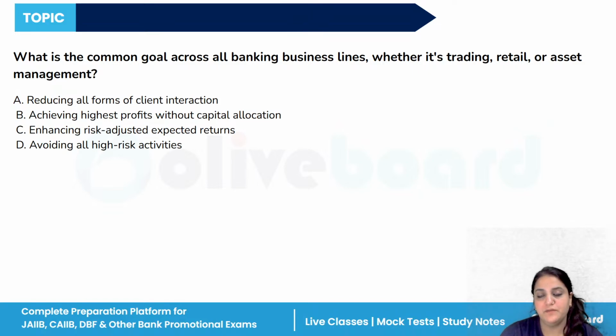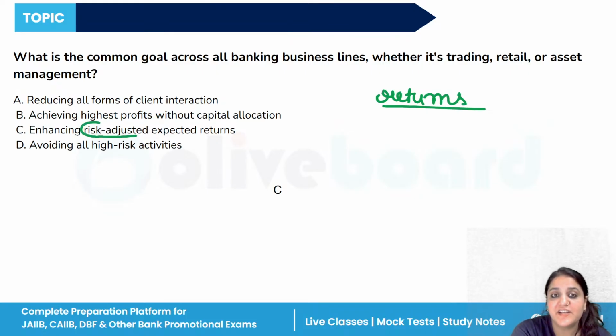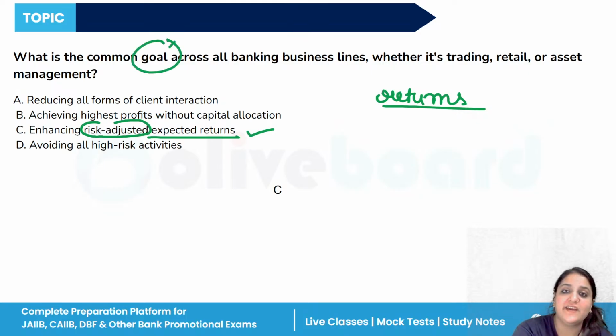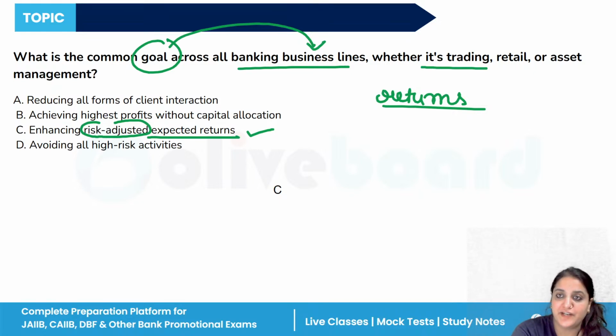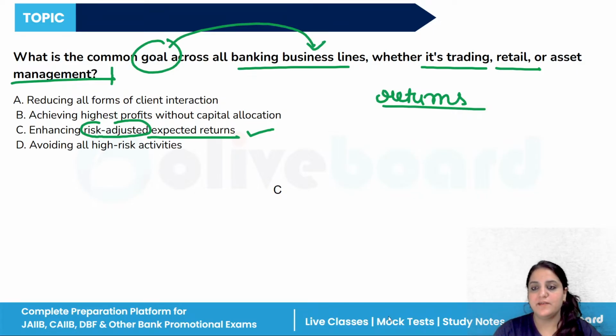Evaluate every option. So here everything is there for the returns. So enhancing the risk adjusted expected returns is the common goal across all the banking business lines, whether it is trading, retail, or asset management. Is that clear? Next question.